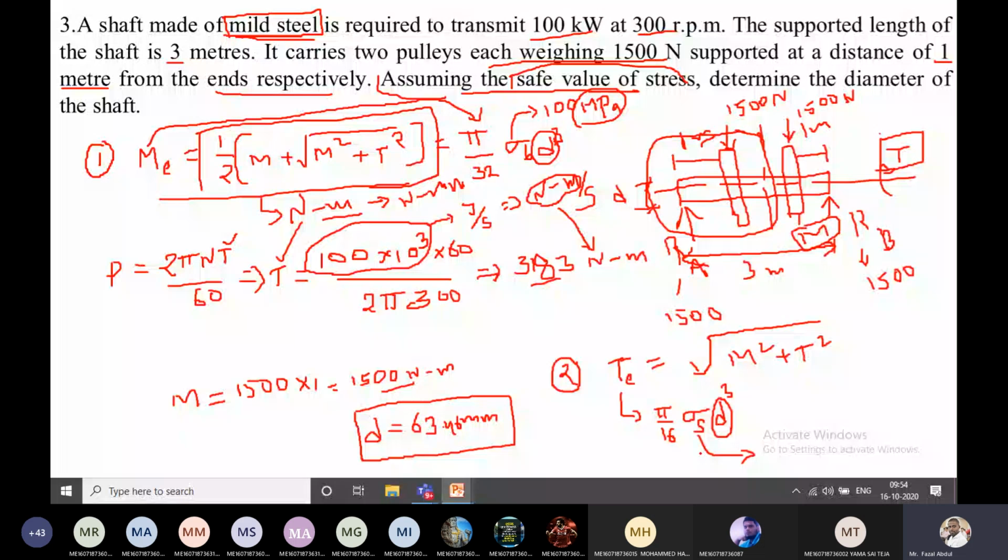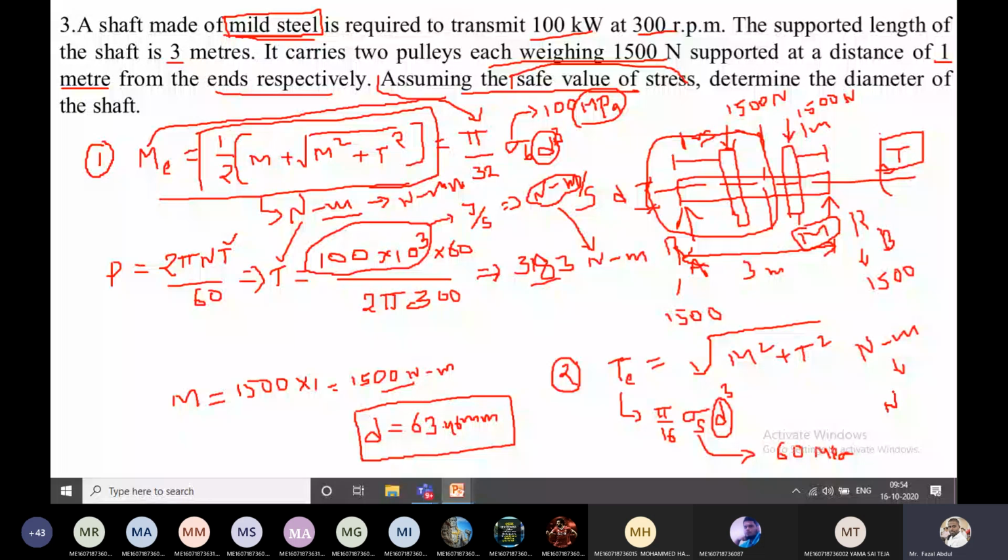Already we calculated the M value and the T value. Substitute these, and you will get the answer in terms of Newton meter. After getting it, convert into Newton mm, then equate to this equation.